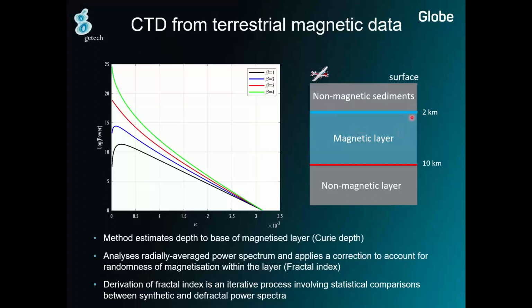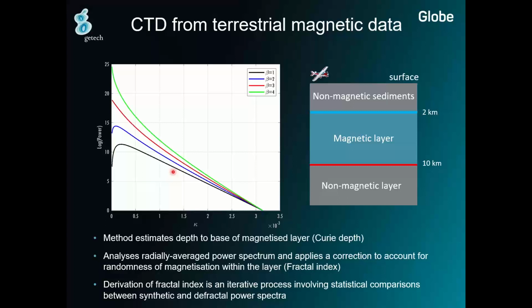If we take this simple model here, where we've got the top and bottom at 2 and 10 kilometers, for a random magnetization, we have this black line here, the bottom of the lines. Now this part of the curve is quite straight, and from the slope of that part of the curve, we can estimate the depth to the top of the magnetic layer.